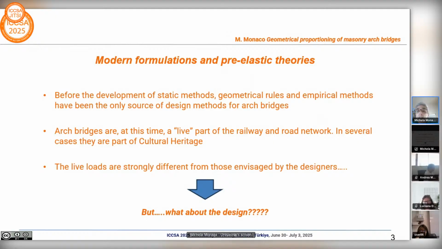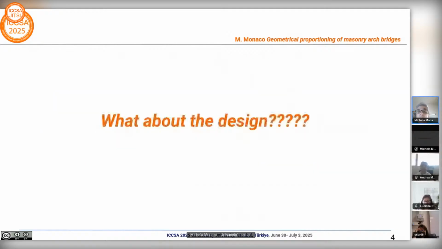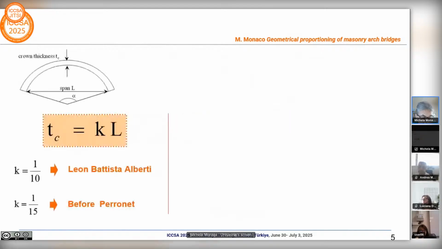But now live loads are heavier than those foreseen at the age of realization. And what about the design of these bridges? Here is a small catalog of empirical formulae, from the first one by Leon Battista Alberti in the Renaissance period.